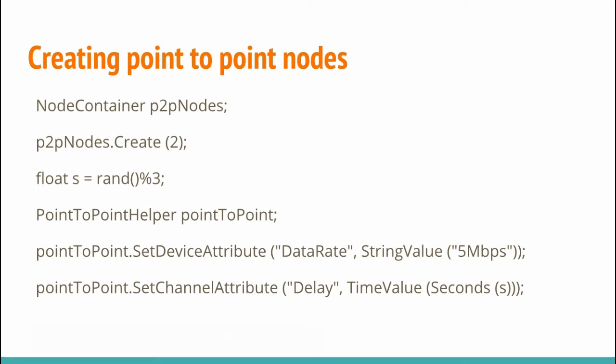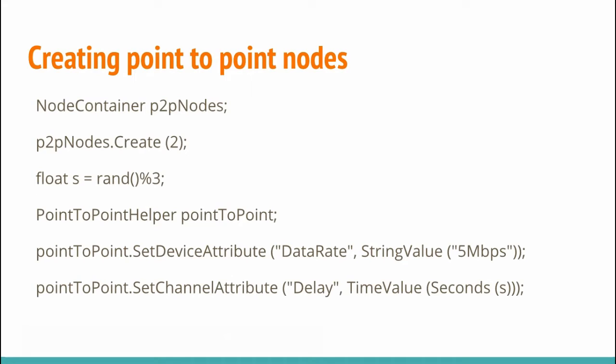The next part is used to create the nodes. The nodes are created using a class called node container. This node container is useful to create many nodes, of different types like point to point or CSMA, etc. In this project we are creating point to point nodes. The number of point to point nodes we need is 2.